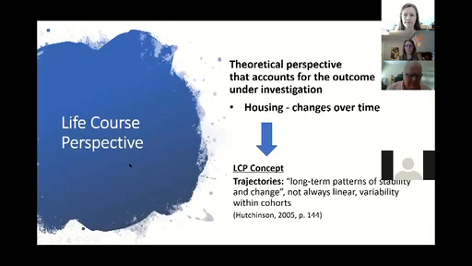So the life course perspective helps me in the following ways. It's a theoretical perspective that accounts for the outcome under investigation, which is housing and changes in housing over time. And so this maps onto the life course concept of trajectories. So individuals have long-term patterns of stability and change that are not always linear, and there is variability in those trajectories within cohorts.